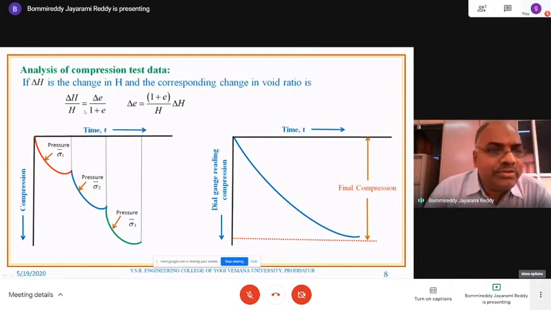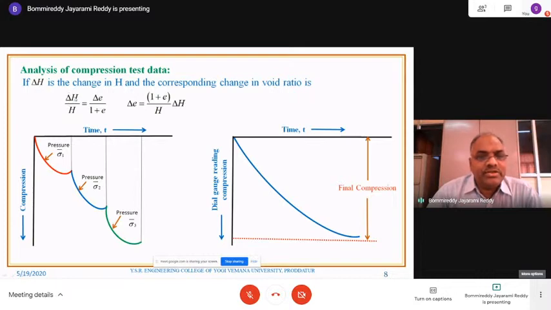Now let us go for analyzing the compression test data. Already in the first chapter you have seen that delta e is proportional to delta H, because delta e means change in void ratio. Change in void ratio is nothing but the change in the thickness of the soil.